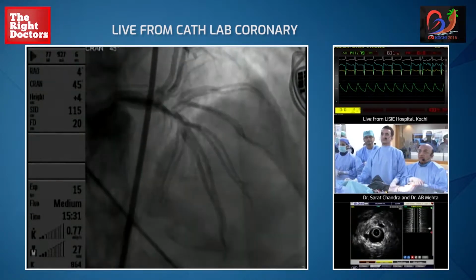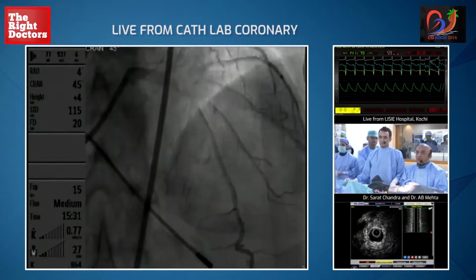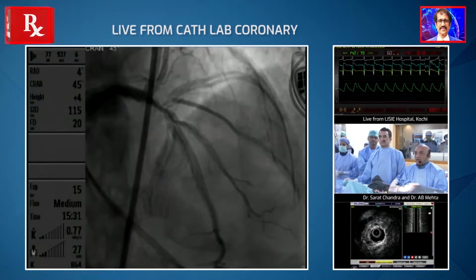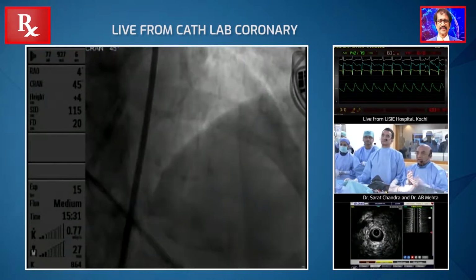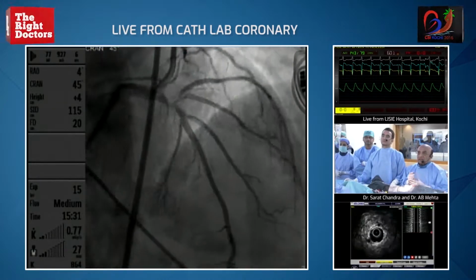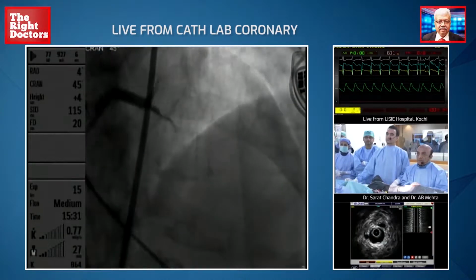Combined together with two branches in that diagonal, both of them are significantly large. I think it's a significant territory, and we thought that this vessel should also be addressed.